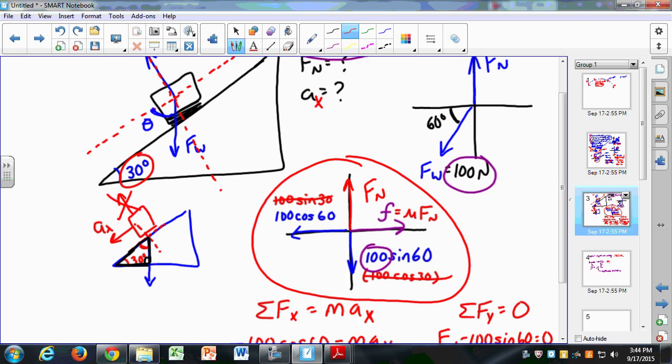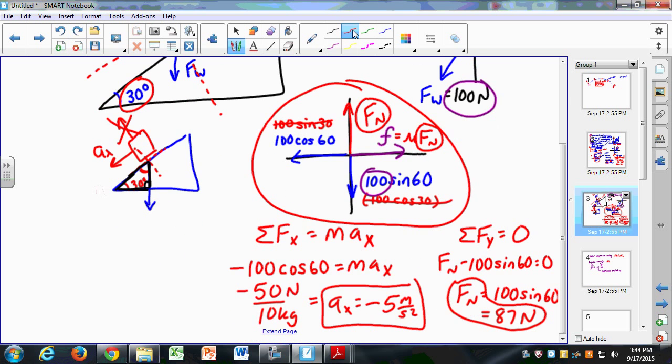And so the normal force is located not only on the y-axis, but there's also going to be a normal force in your x equation. So when you write these equations, normally it looks all nice and pretty like this, but now you're going to throw a normal force there too. So you have more unknowns to solve for, which leads you to a system of two equations that you have to solve.